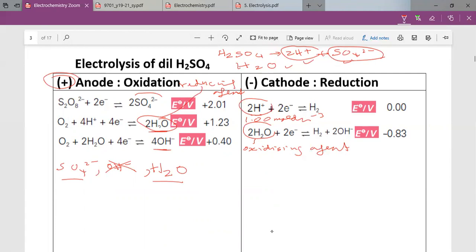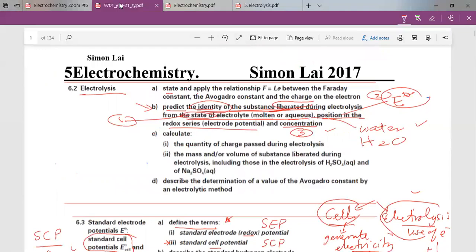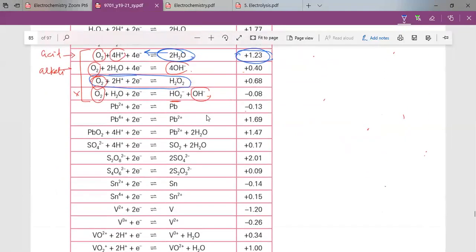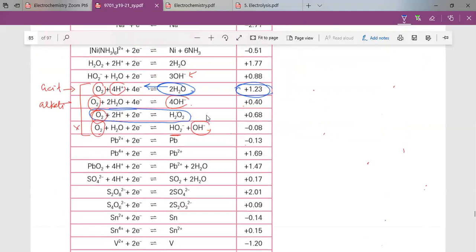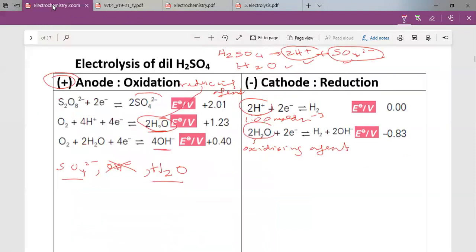That means this one here. To give out electrons, water goes forward. So I've got to quote this one. Now remember to write the whole equation, because Cambridge always looks at the electrode values in your data booklet, not your reverse one. So I put down here O2 plus 4H plus 4e give you 2H2O. You can see I quote this down here.